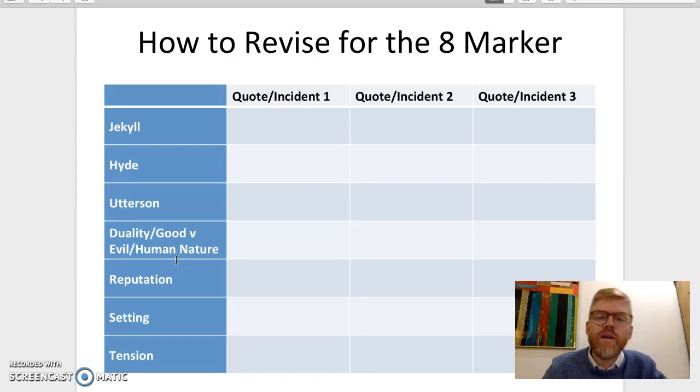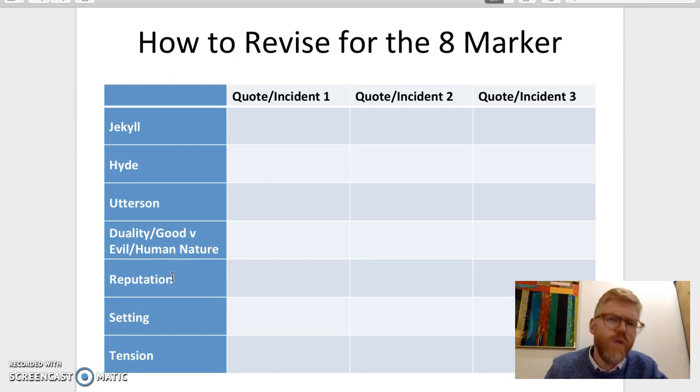So to prepare for the theme of duality is to prepare for the theme of good versus evil. And then, of course, that is the way Stevenson sees human nature. So you can wrap all these 3 ideas into one, and of course that also would cover you for an open theme question where you can pick the theme that you want to write about.